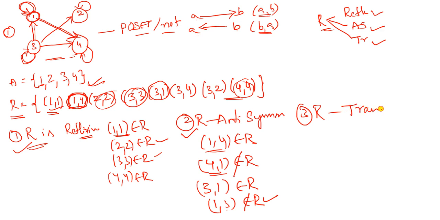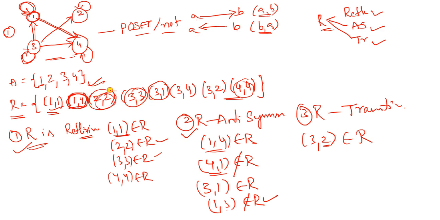So check the elements like (3,4), (3,2), or (3,1), take any element. Let us take (3,2). You see here (3,2) belongs to R. It ends with 2. So is there any other element in R that starts with 2?